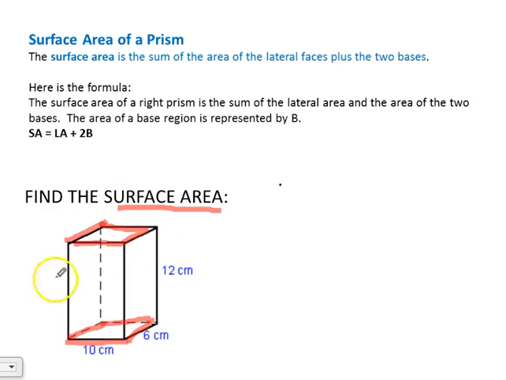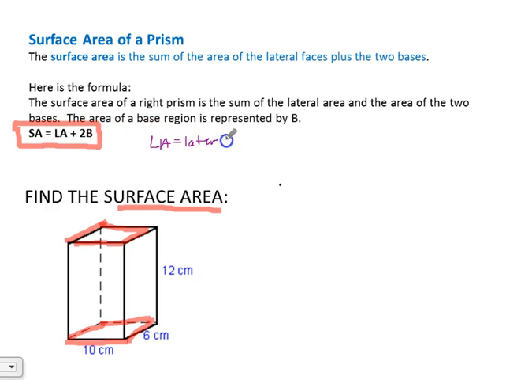The surface area is going to include the lateral area plus the area of our bases. So it was important that we learned how to find the lateral area, because if you look right here, here's our surface area formula. For surface area, we find the lateral area and then it says plus 2B. Well, what does B represent? We know LA is lateral area.